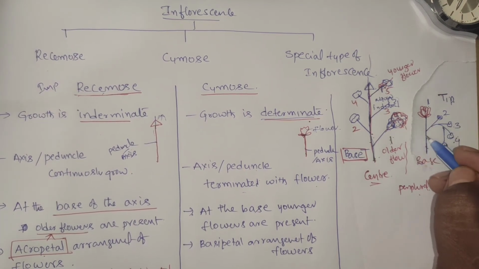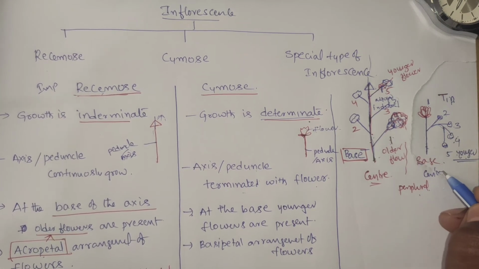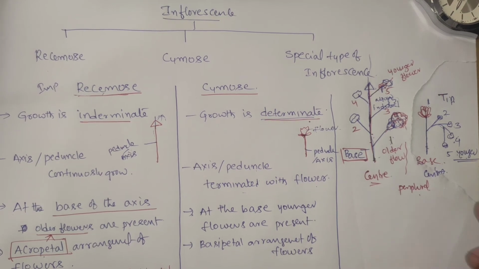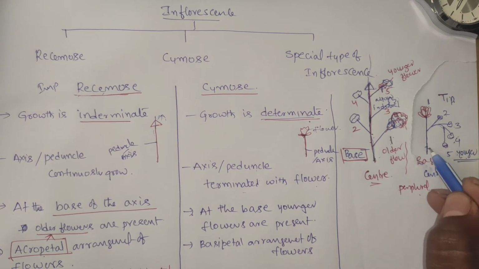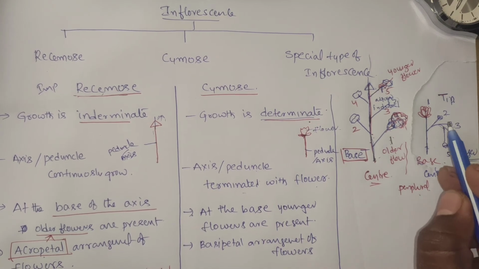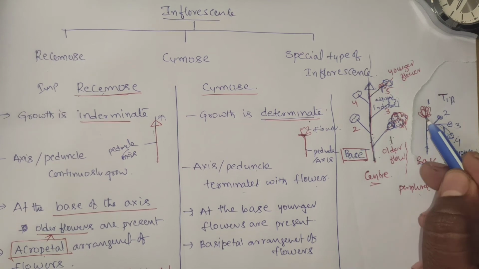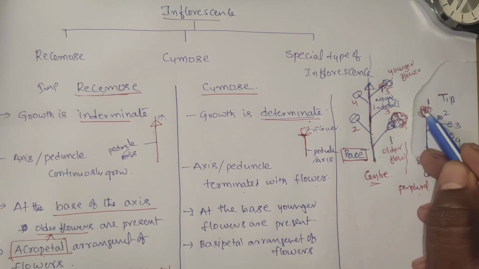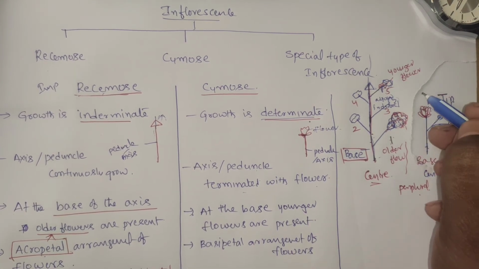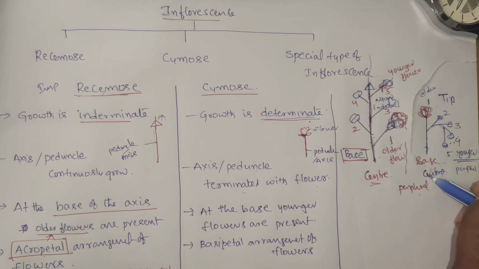This is the main axis, and in this main axis, this is the center, and the distance from the center is peripheral. Among all these flowers, the first opened flower is the first, older flower. The older flower opens first, and it is at the center position.